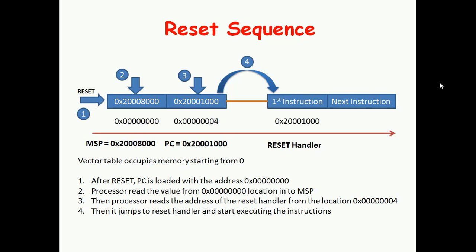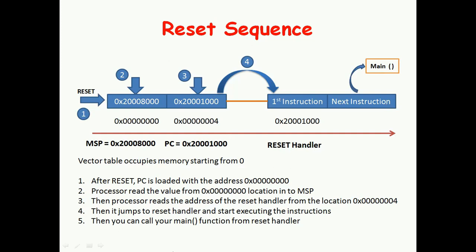After completion of the interrupt service routine, the return address is retrieved into the program counter. Then it will come back to its main function, the main execution of the code. So this is how the reset sequence works.